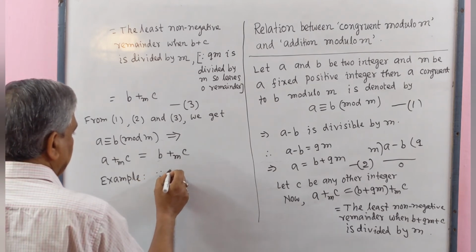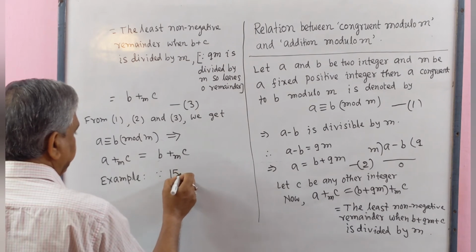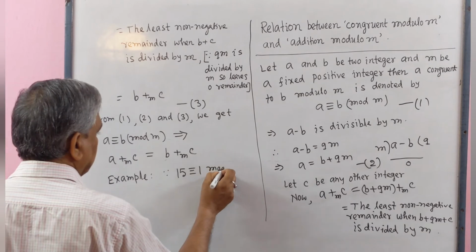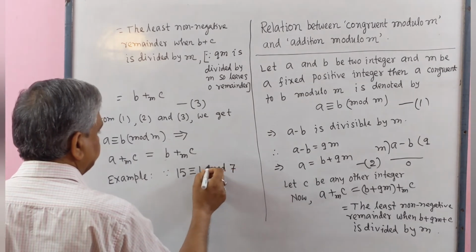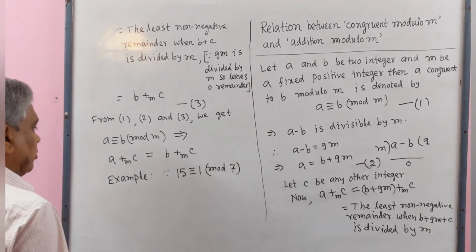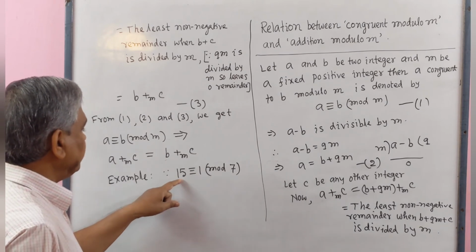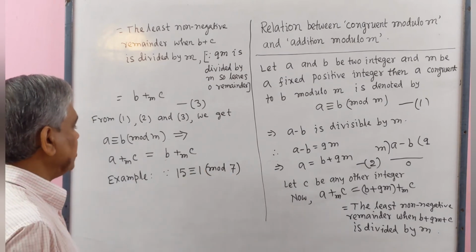Example, since 15 congruent 1 modulo 7, because 15 minus 1 equal to 14 is divisible by 7.